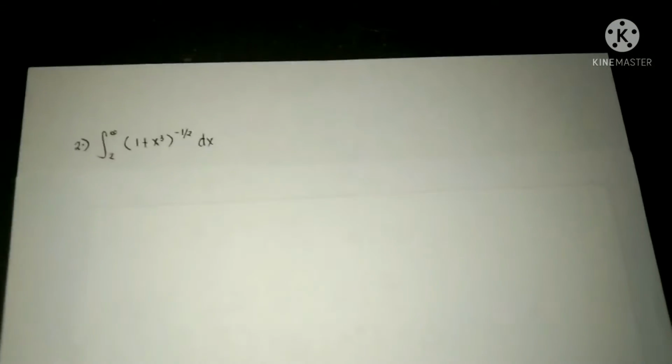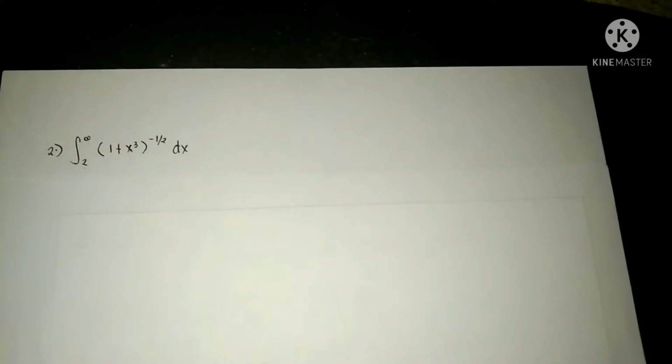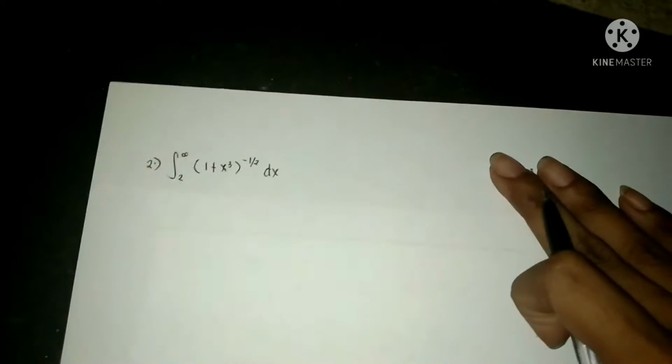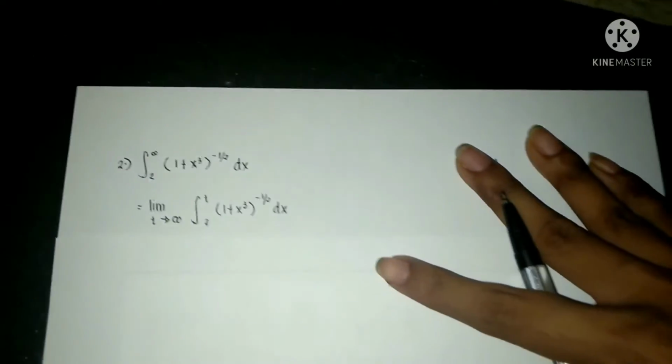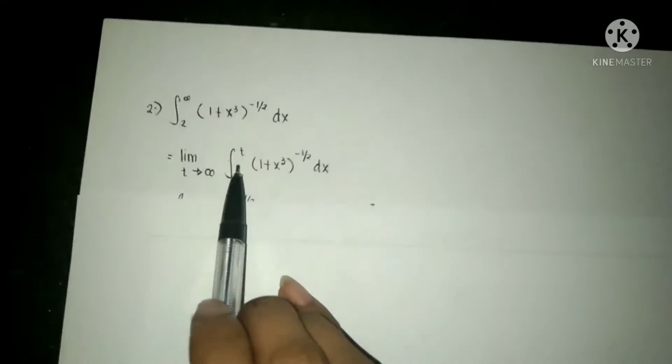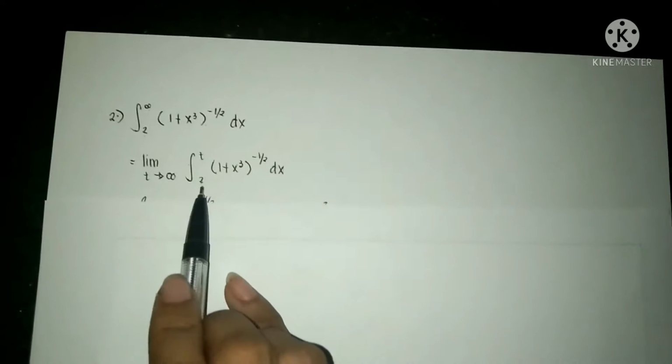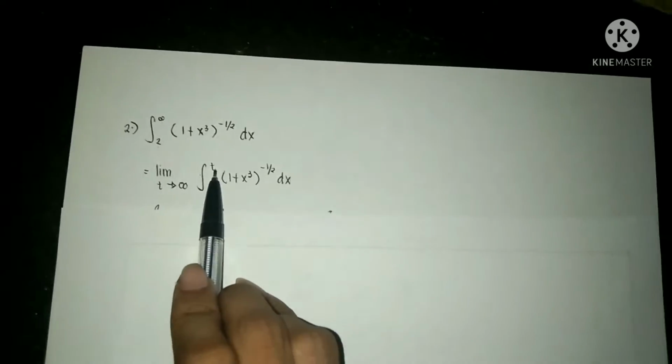So, the second equation that we're going to solve is the integral of 1 plus x cubed raised to negative 1/2 dx from 2 to positive infinity. So, let's first get the limit of this equation. So, the limit of the integral of 1 plus x cubed raised to negative 1/2 dx from 2 to t as t approaches infinity.